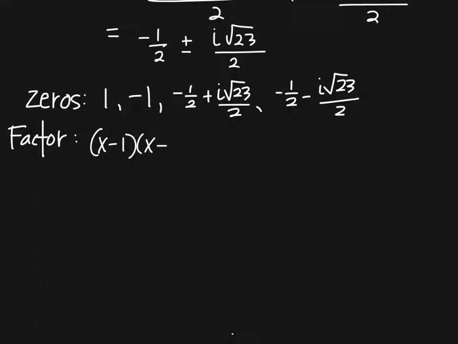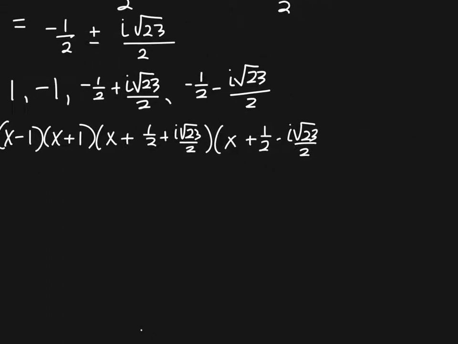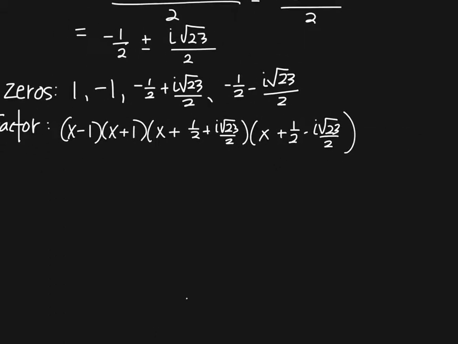My third one, x plus 1/2 plus i rad 23 over 2. And the last one, x minus, nope, still plus, minus. Okay, so we finally get to Luke's question was, where did the 2x come from?